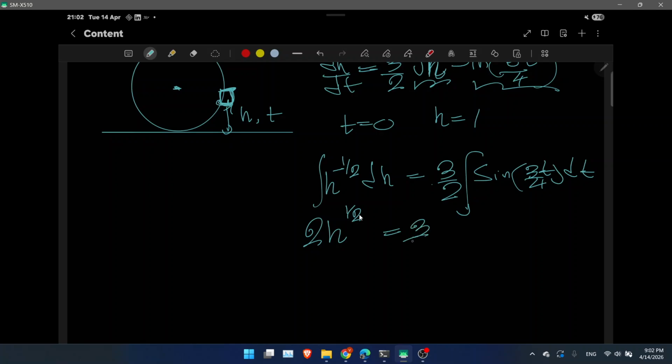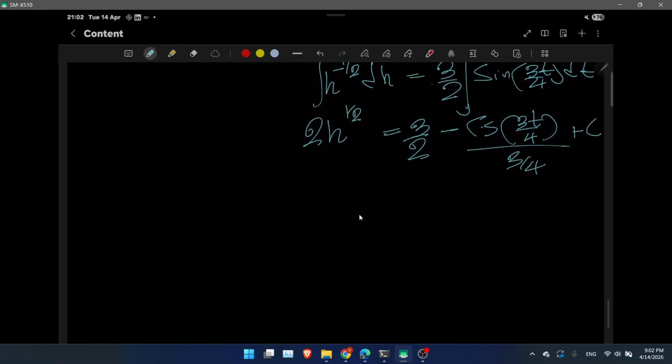integration of sine. What is the integration of sine kt? Integration of sine kt is just minus cos 3t over 4, over 3 over 4, plus c. See, there is a constant always.